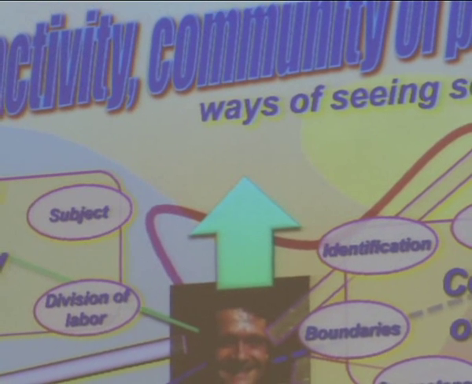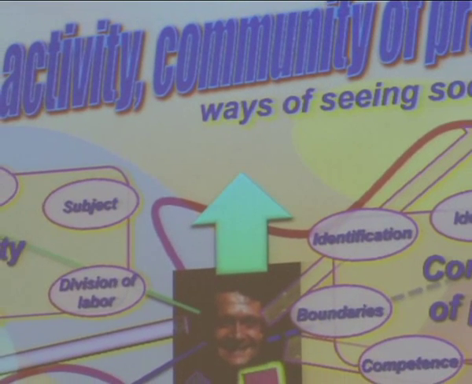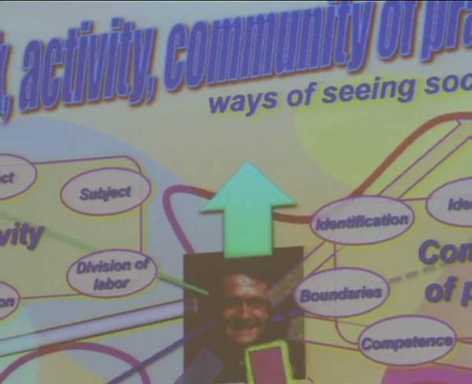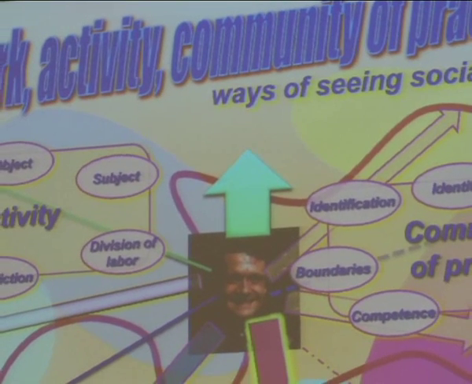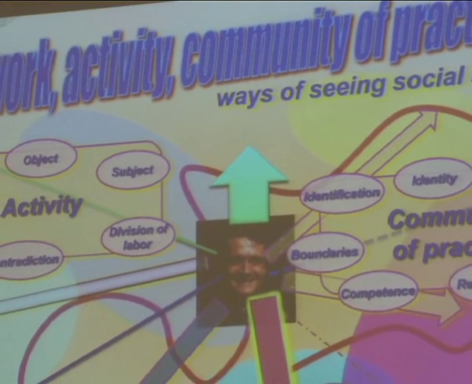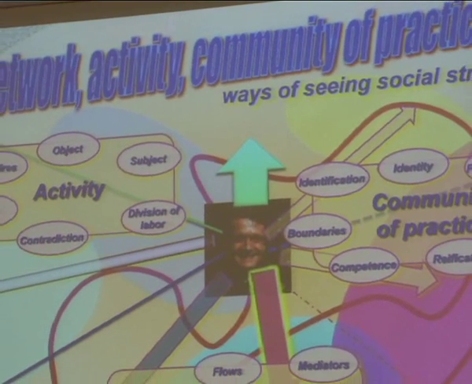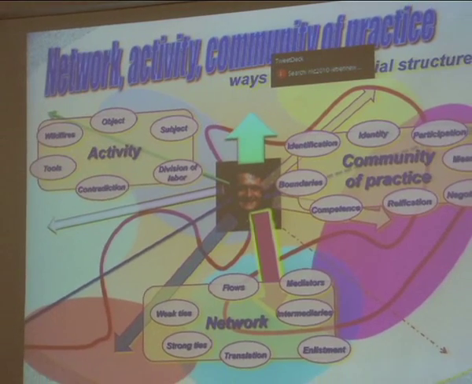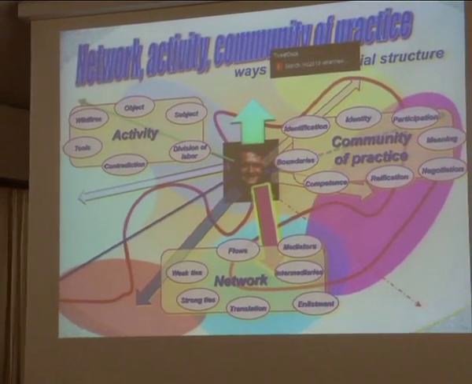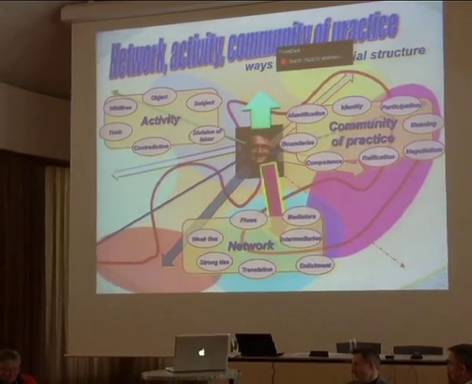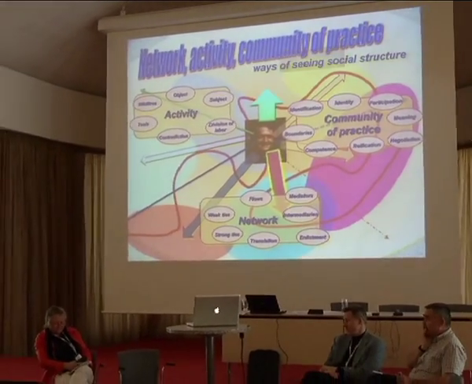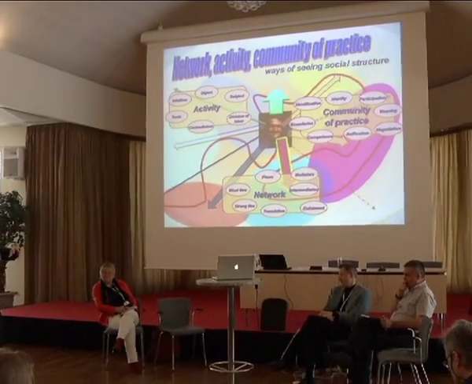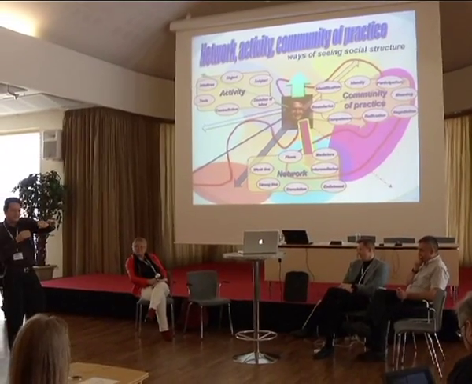So Latour talks about translation, enlistment, an object, not in an activity sense, but just a thing, right? Activity theory will tend to talk about tools. How does it serve the activity? For me, I tend to talk about reification. How does it embody the negotiation of meaning in a way that gives it some kind of solidity?